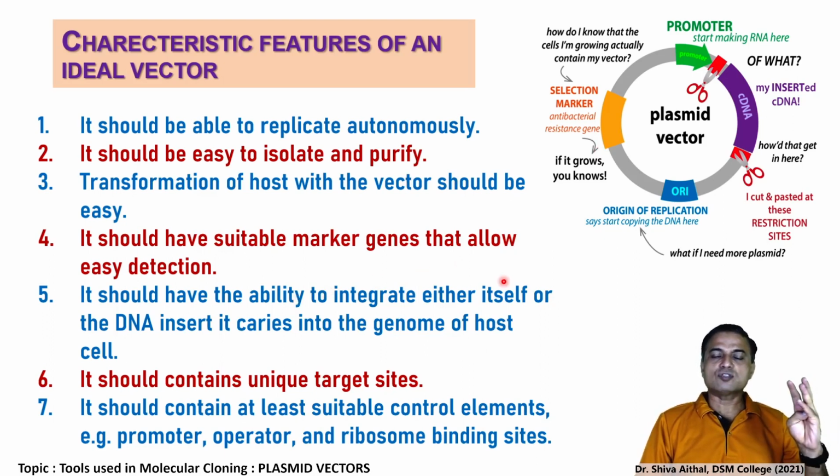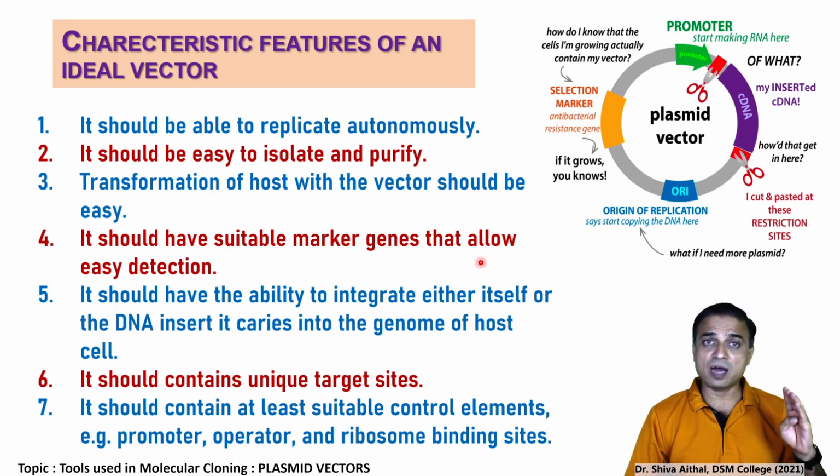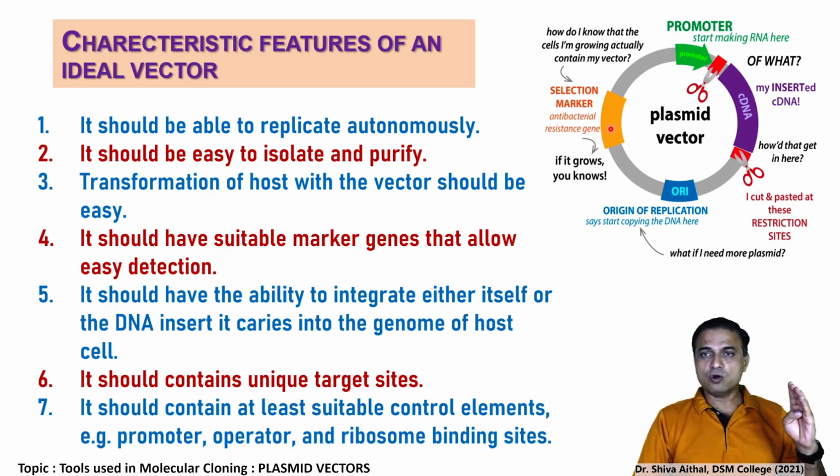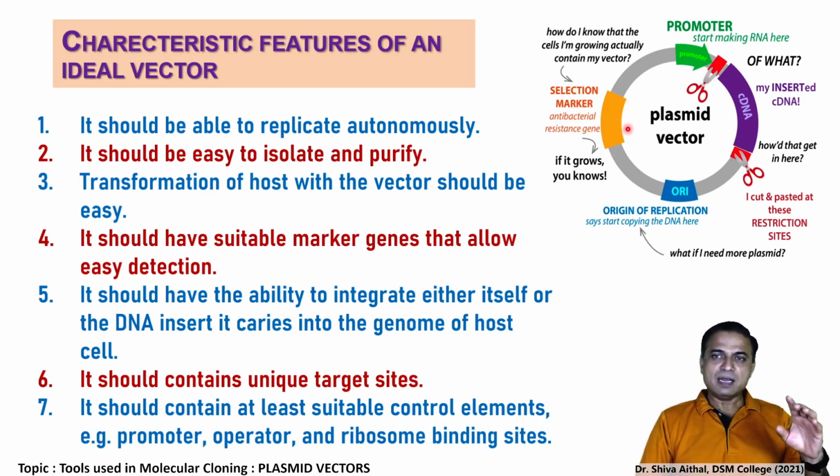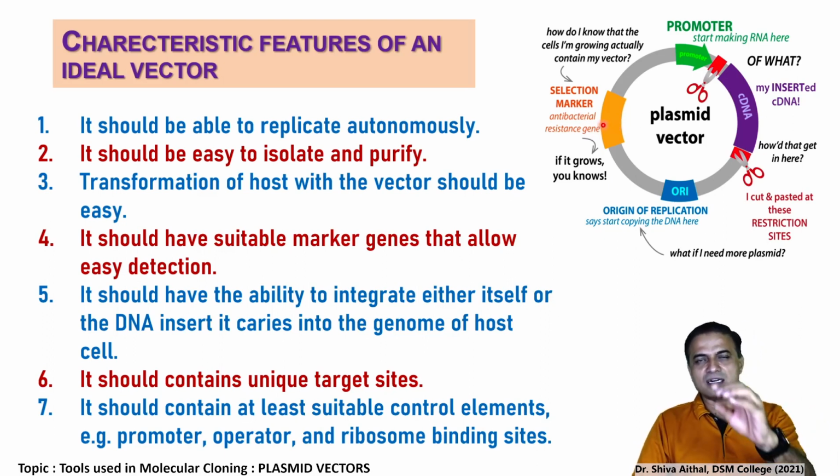The fourth point is that it should have suitable marker genes which will allow detection. What are markers? Here you see the yellow colored segment; it is a selection marker. So this is a resistance gene. What will happen if I introduce my gene of interest inside this marker? The resistance will be lost, and the cell will become sensitive to that antibiotic.